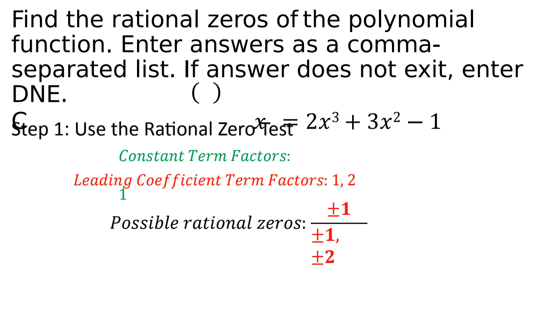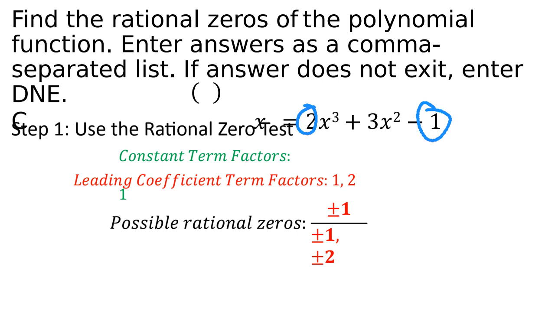Okay, so we need to write the factors of the leading coefficient. The leading coefficient is 2 in this case. And then my constant is going to be 1. So it's the factors of the constant over the factors of the leading coefficient.